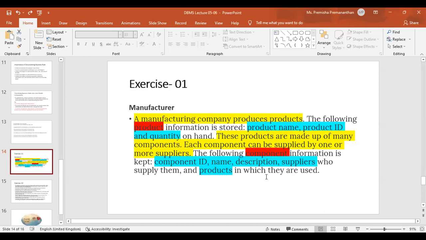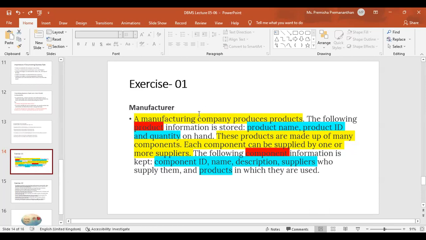So each group, first you have to identify the business rules. Then you have to identify the attributes. Then within the attributes, you have to identify the relationship. So here also, the manufacturing company produces products.